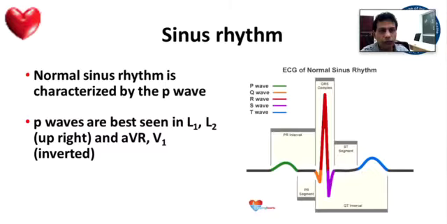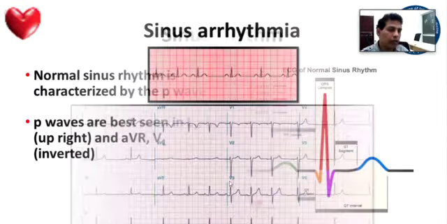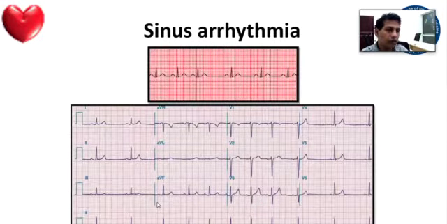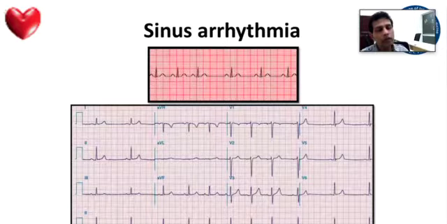Now this is another ECG you might see from time to time. By looking at this ECG, or even when you examine the patient, you will find that there is an irregularity in the pulse rate. The pulses are irregular. And even when you look at the ECG, the QRS complexes are irregular.